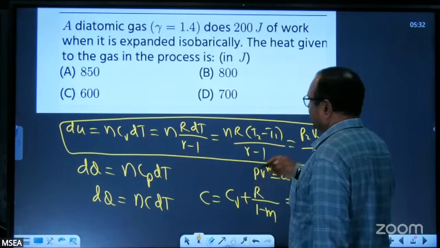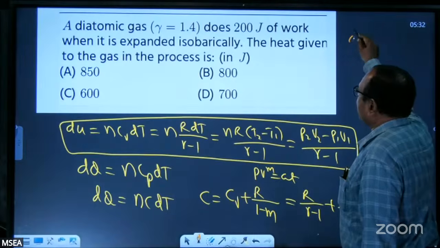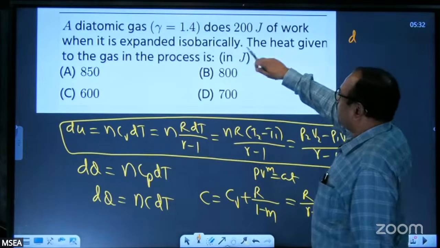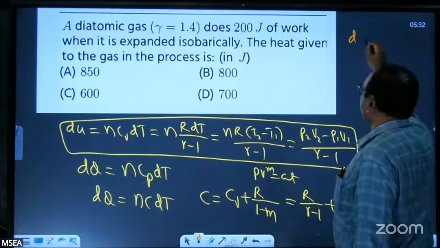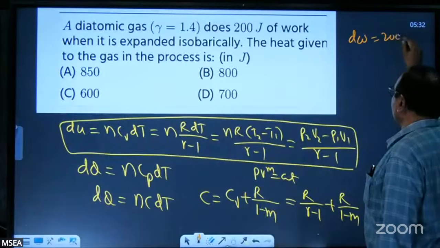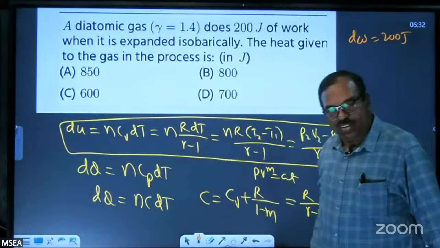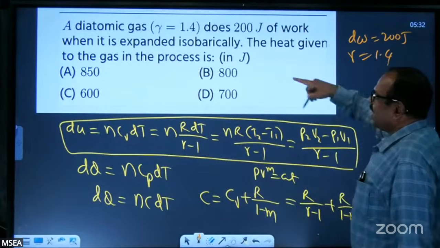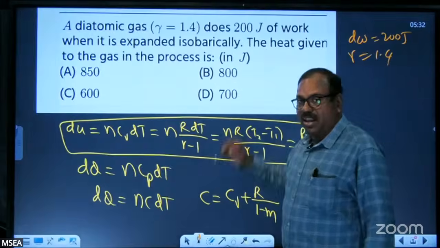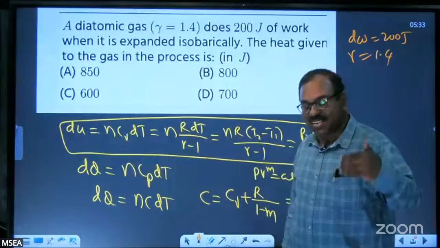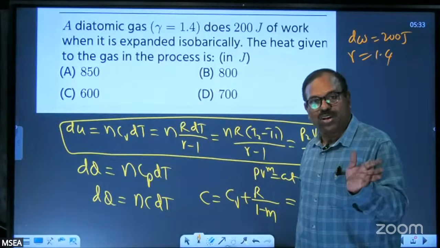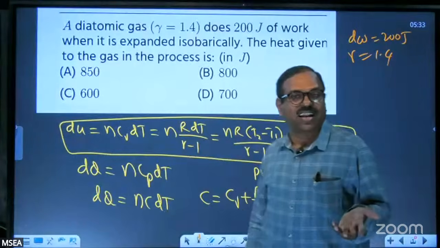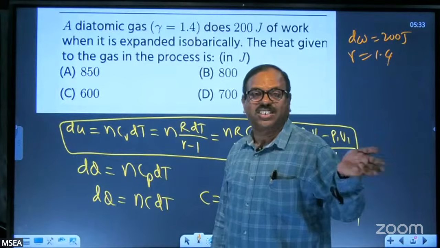As I told previously, a diatomic gas does 200 joules of work. dW is given as 200 joules, and gamma is also given, gamma equal to 1.4, and it asks about the isobaric process. Whenever heat is given isobarically, the heat is utilized to increase the internal energy as well as to do external work.